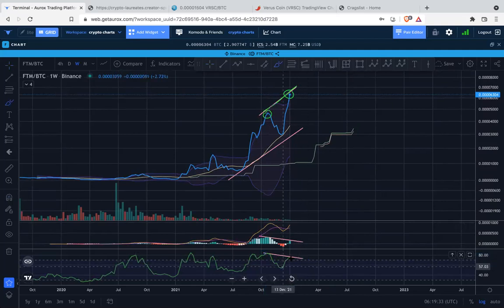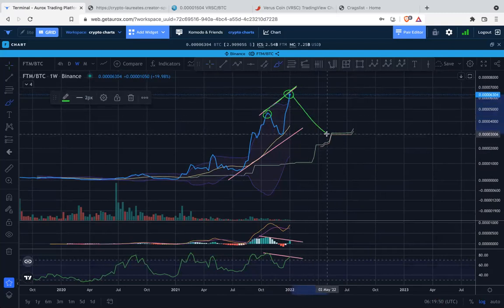So if the RSI does not go higher than it previously was, and we get a turnaround here and the RSI starts turning around and the MACD starts turning around, we are in for probably these levels right here, which is around 3,000 Satoshis. And that interestingly relates to these price levels here, the previous support and resistance levels.